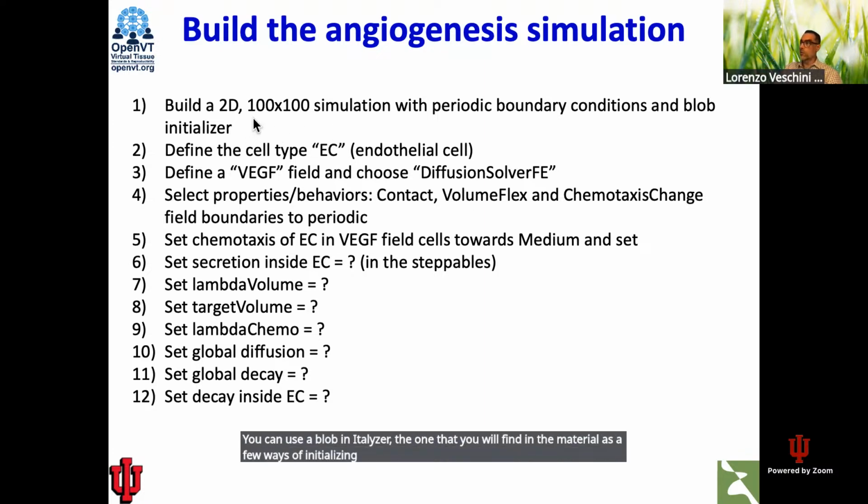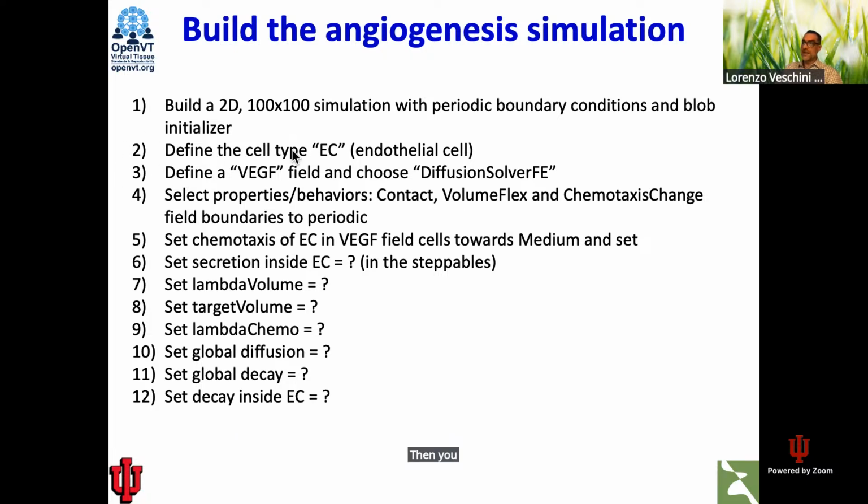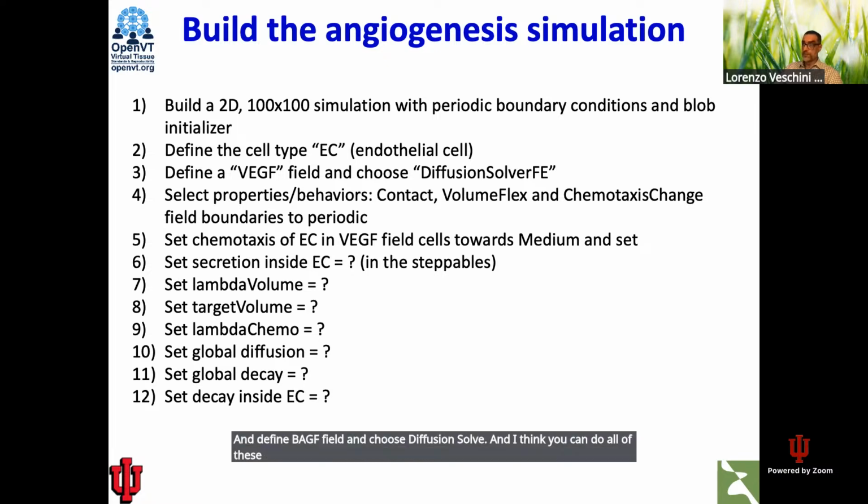The default one is a uniform initializer, but you can find the blob as well. Then you want to define the cell type, endothelial cell, and define a VEGF field and choose DiffusionSolverFE. And I think you can do all of this via the wizard.